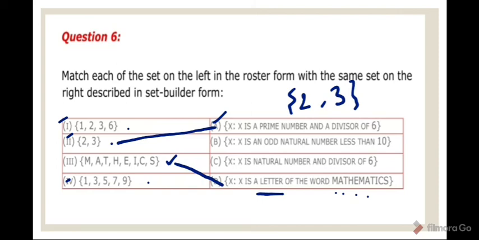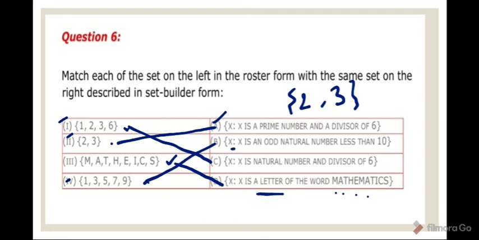Now, the remaining are B and C. First of all, I will collect B. B is the collection of those x where x is an odd natural number less than 10. Obviously, the odd natural numbers less than 10 are 1, 3, 5, 7, 9. So, B will match with Roman 4, and the remaining one will match with C. What is C?